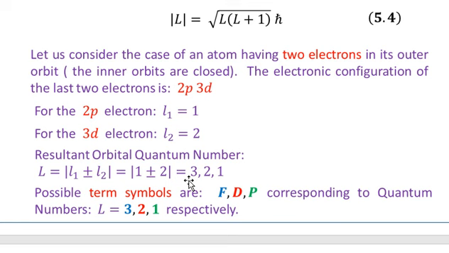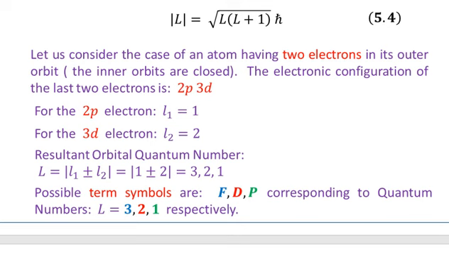Corresponding to L equal to 3 we have the term symbol F, corresponding to L equal to 2 we have D, and corresponding to L equal to 1 we have P.